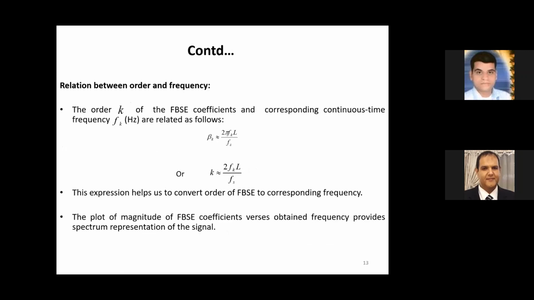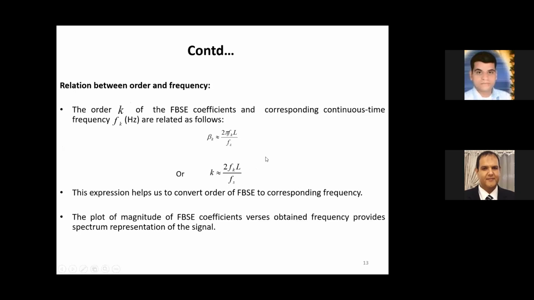We have derived a relation between order and frequency of a sinusoidal function. If you use this FBSE expansion for a sinusoid whose frequency is 50 Hz, there is a peak at a particular order in the FBSE expansion. That relation between order and frequency is given by this expression: beta k equal to 2 pi f k L upon fs.